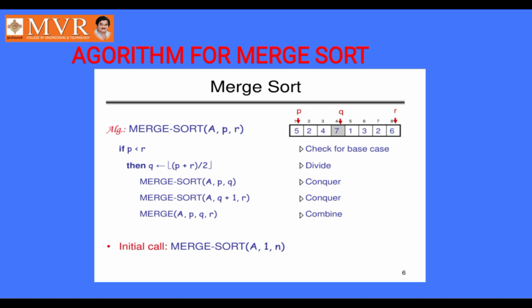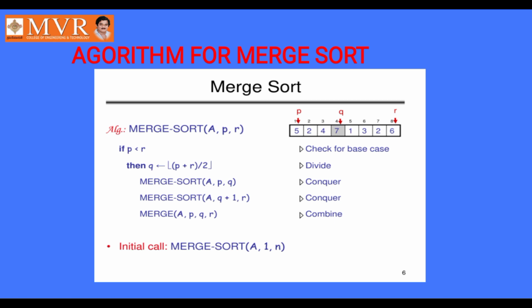Here the initial call is merge sort A, 1 and n. If we start the array index with 0, then the last element will be n minus 1. If we start the array index with 1, my last element will be n. Whatever procedure you follow, the mid element will not differ.